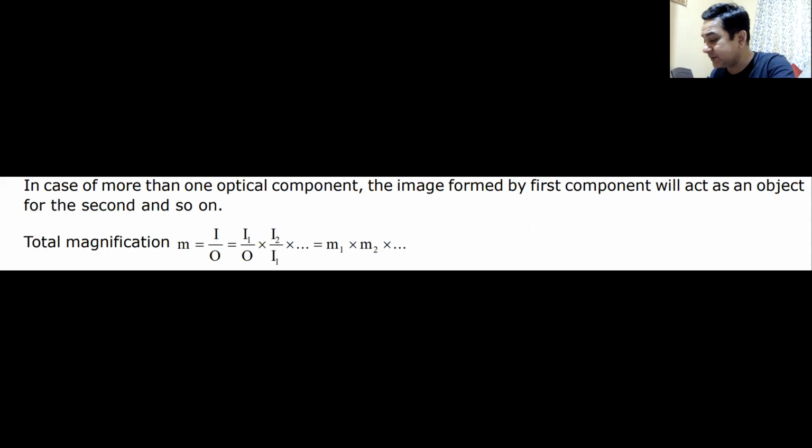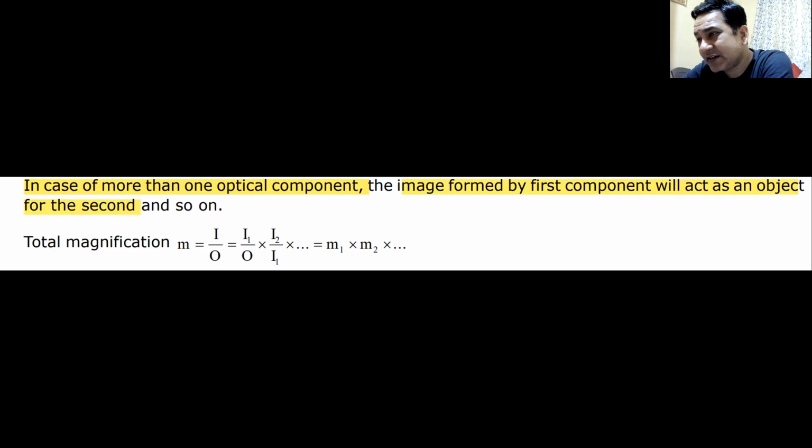That takes us to the last part of today's class. If we have more than one optical component, meaning mirror, lens, whatever, say one mirror, two mirrors, three mirrors, with the image formed by reflection or refraction from multiple components, then the image formed by the first mirror will act as the object for the second mirror.